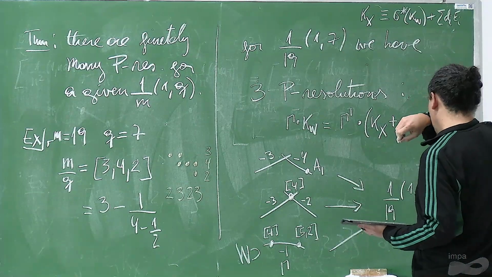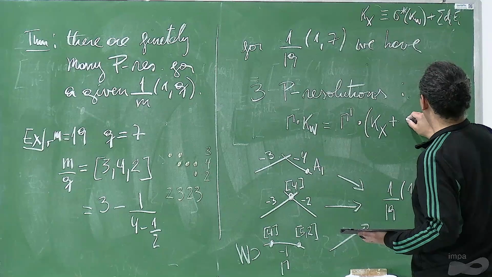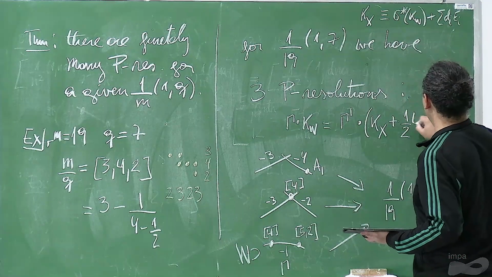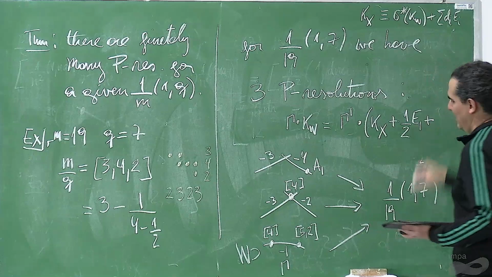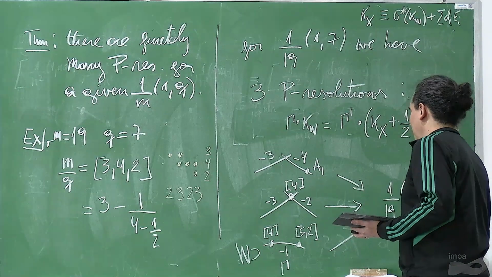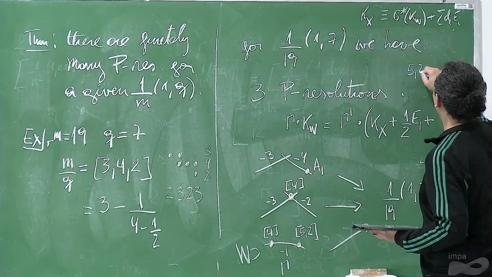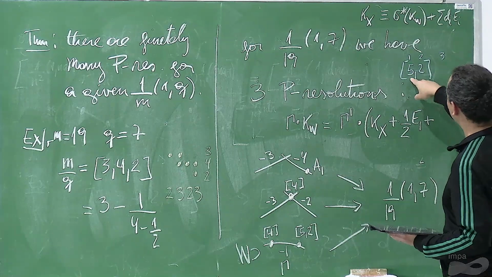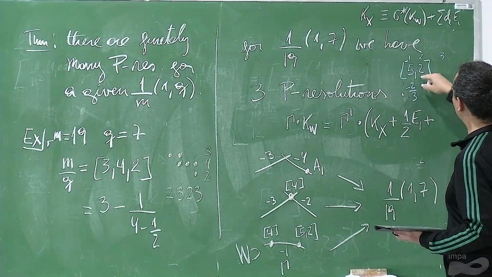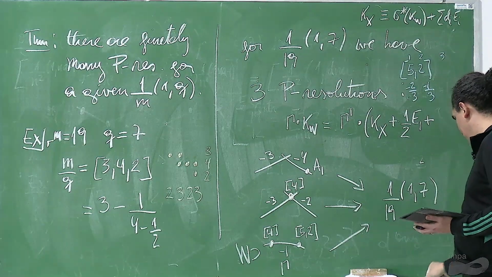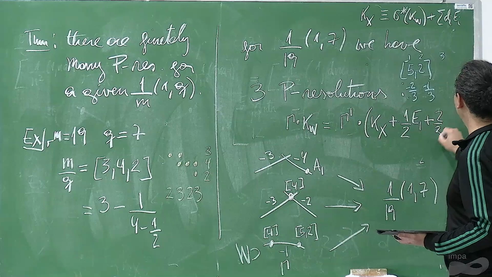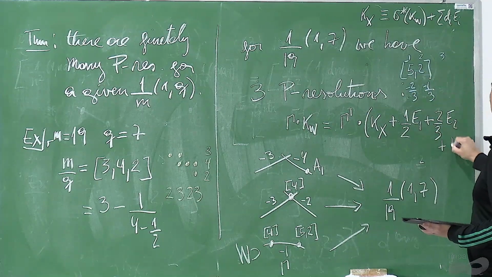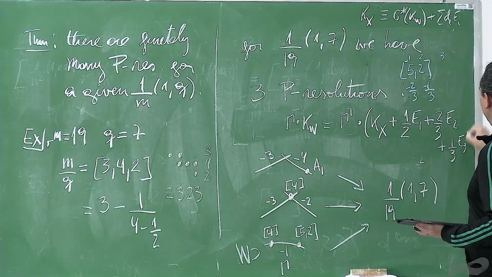So you have plus, and then the discrepancy for 4 is 1 over 2. Let me call the exceptional E1. And then for the other, you know I have phi 2. So I put here a 1, then a 2, 3, and so the discrepancy for this one is minus 2 over 3, and for that one is minus 1 over 3. So this is 2 over 3, E2. Let me say that this is E2 and this is E3 plus 1 over 3, E3.